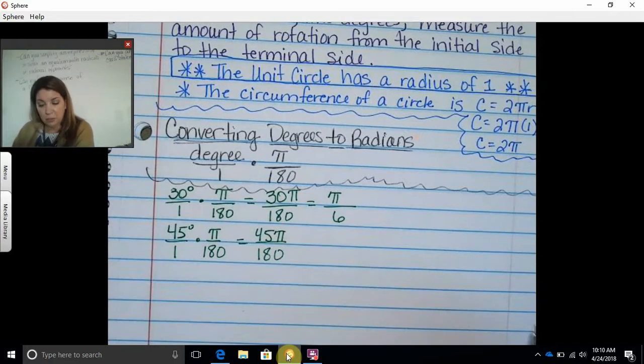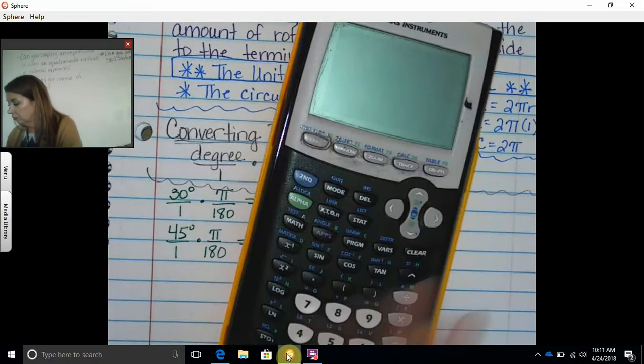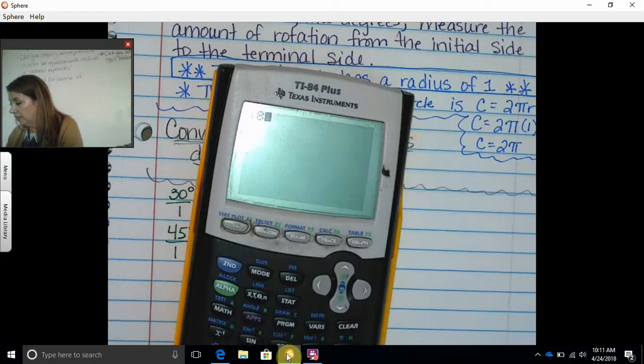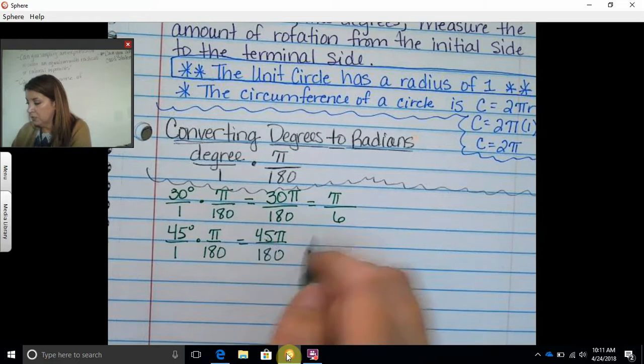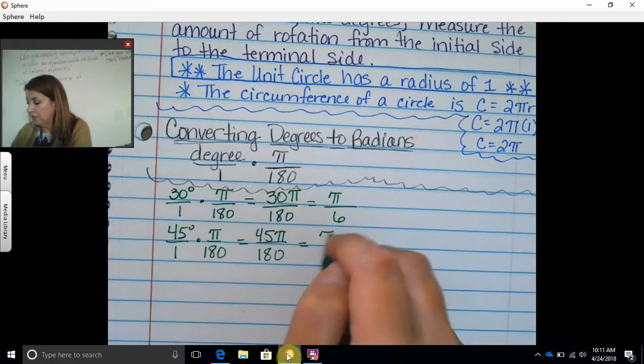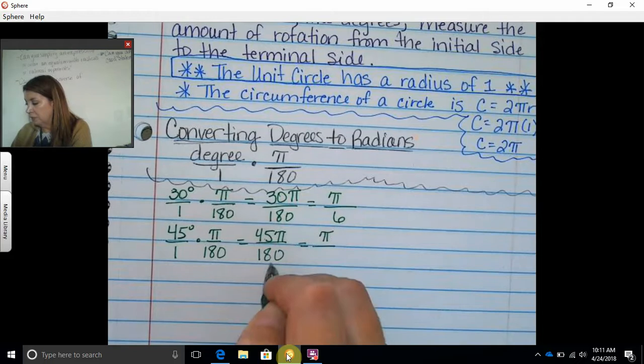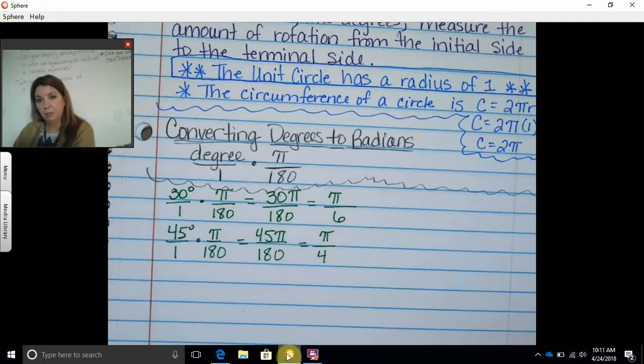Now you might not be able to reduce that all at once, but do you think 45 goes into 180 evenly? Yeah. 180 divided by 45, we get 4, right? So 45 goes into 45 once. So 1 times pi is pi. 45 goes into 180 4 times. So pi fourths.